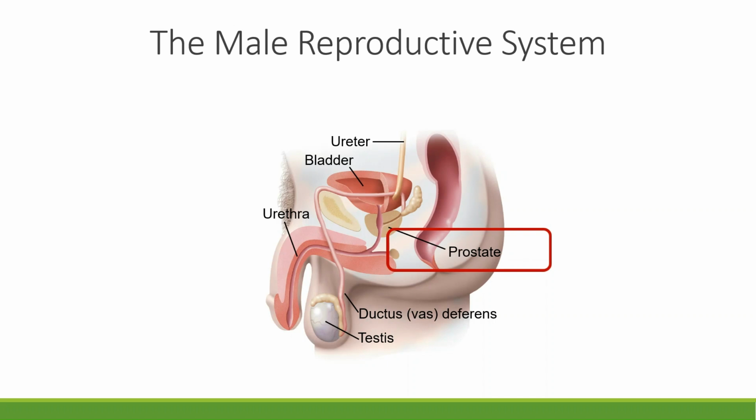The testes produce sperm, and during ejaculation, sperm travels through the ductus vas deferens, which ascends towards the bladder, and the prostate gland contributes fluids to semen. The ductus deferens then passes through the prostate gland, where additional fluids are added, and the urethra serves a dual function in males, carrying both urine and semen, of course, not simultaneously.